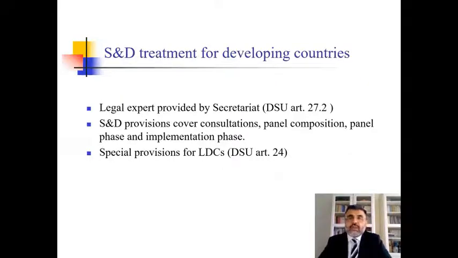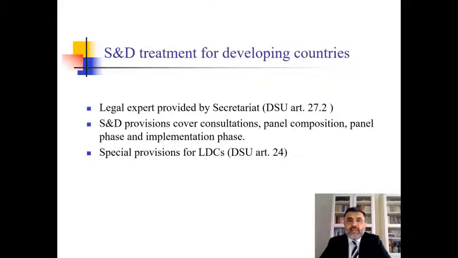So compensation and retaliation will only be implemented until such time as the respondent complies with the findings and recommendations in the relevant panel or the Appellate Body report. These are temporary measures.